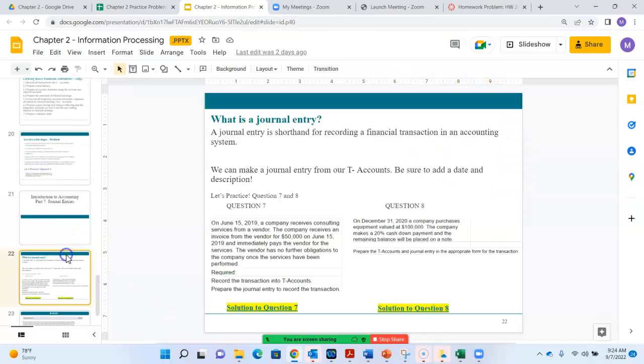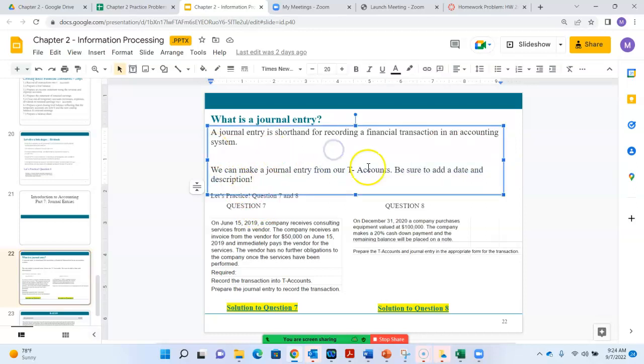So what is a journal entry? A journal entry is shorthand for recording a financial transaction in an accounting system. We can make a journal entry from our T accounts. That's why it's so important to get a really strong understanding of T accounts. Once you have that down, a journal entry is super easy. All you have to do when you're creating a journal entry is add a date and a description. So let's try these next 2 questions.